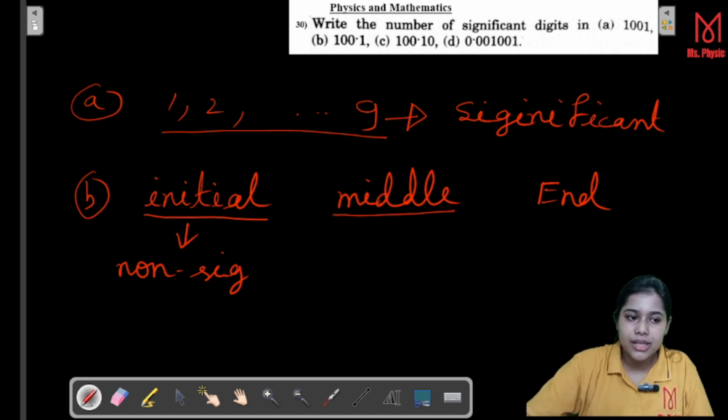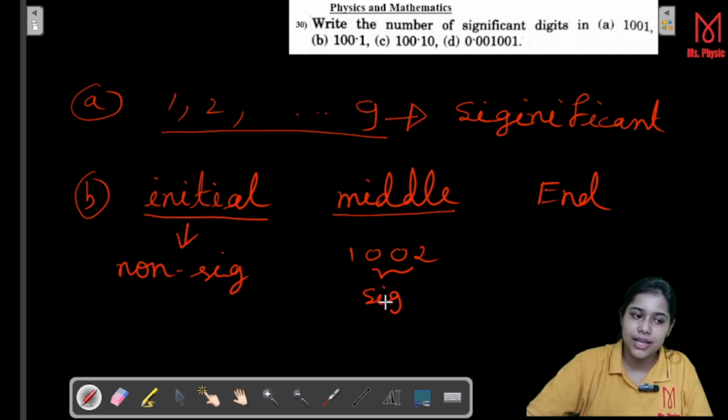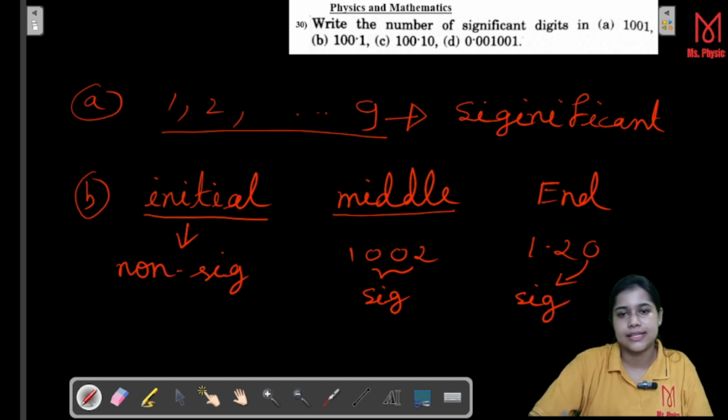And when it is in the middle of two significant digits, for example, suppose you have 1 and suppose you have 2, and in between them you have two zeros, then these are significant zeros. And when it is at the end after a decimal point, suppose here you have 1 and 2 and another 0, and here you have a decimal point, then the 0 would be considered as your significant digit.